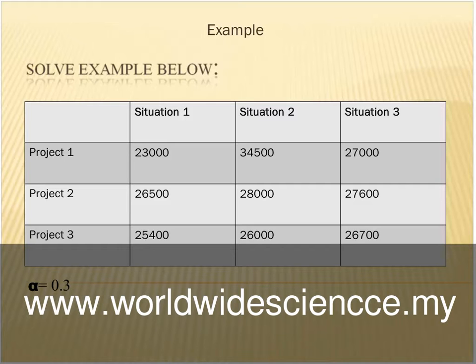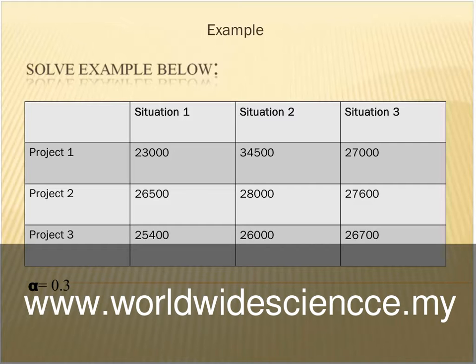Howard's method is one of the five methods in relation to uncertainty situations. We talk about how each situation, or each state of nature, can be allocated one alpha.